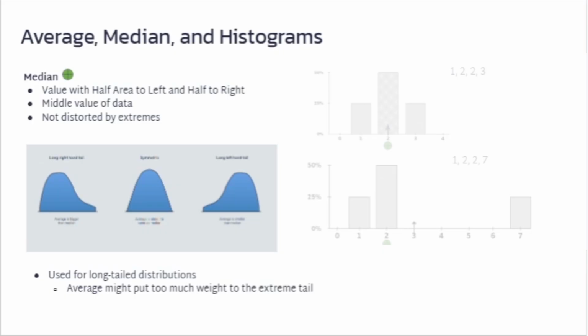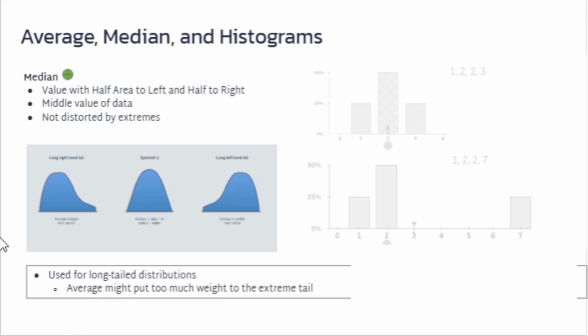If you want to look at the median versus the average, on the left you see the long right-hand tail. In the center you have a symmetric histogram, and on the right you have a long left-hand tail.